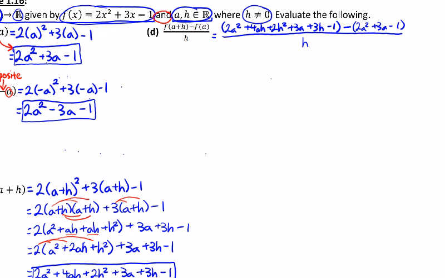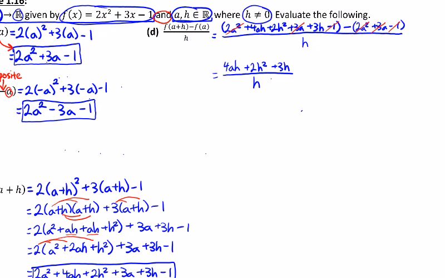So for example, 2a squared and 2a squared are going to cancel out. 3a minus 3a goes away. -1 minus -1 goes away. So what looked like a pretty involved expression is going to simplify to just have 4ah plus 2h squared plus 3h all divided by h.